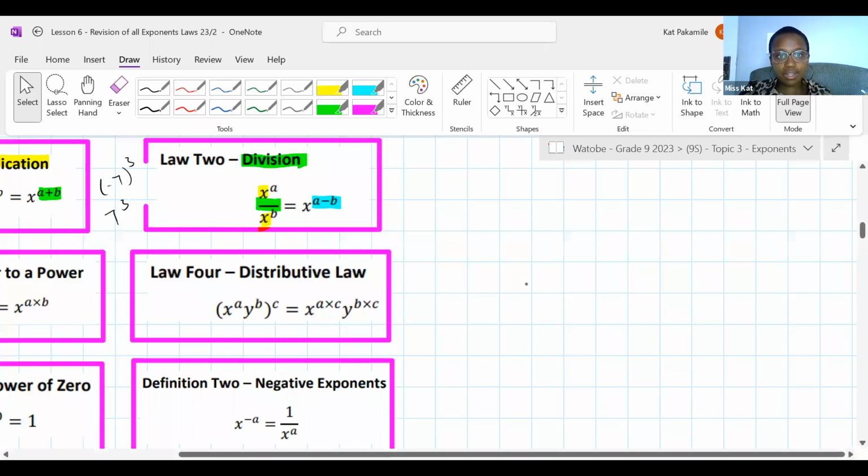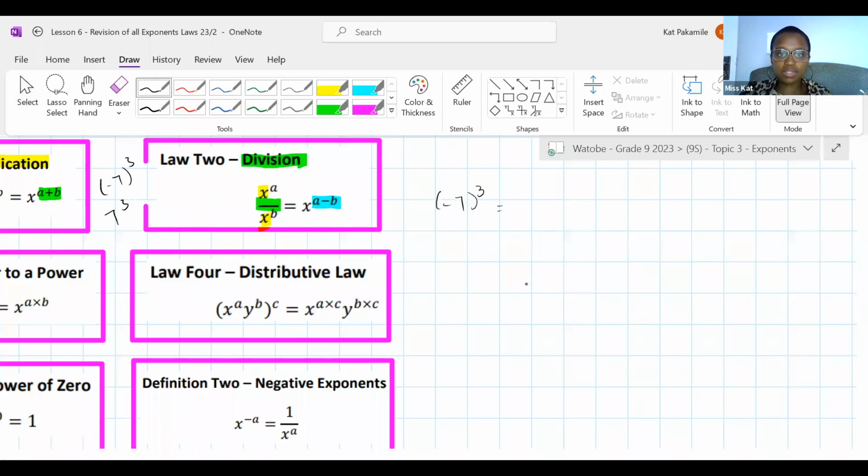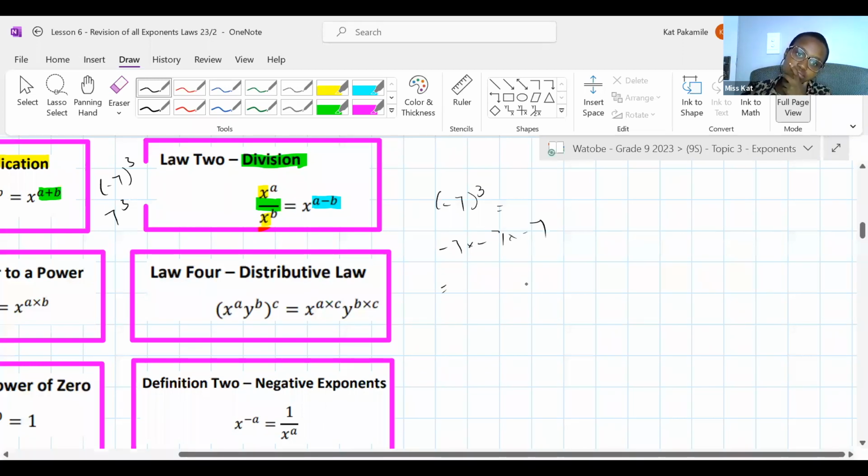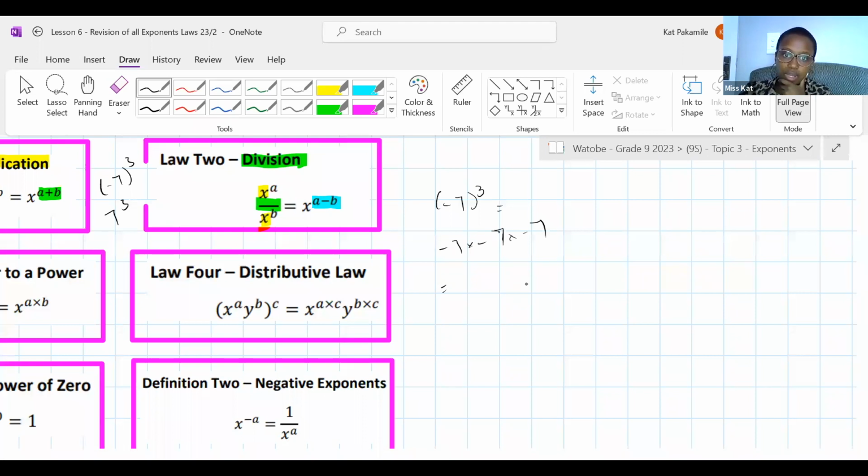Negative 7 cubed means negative 7 times negative 7 times negative 7, right? A negative and a negative give you what? A positive, right?